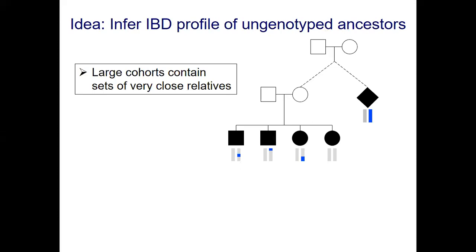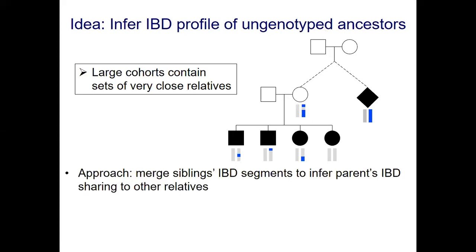Even though each of these siblings has a different region that is IBD to this distant relative, they must have inherited those segments from one of their parents. As a result, we can simply take the union of these IBD segments to infer the IBD sharing profile of their parent, in this case the mother, to this distant relative.